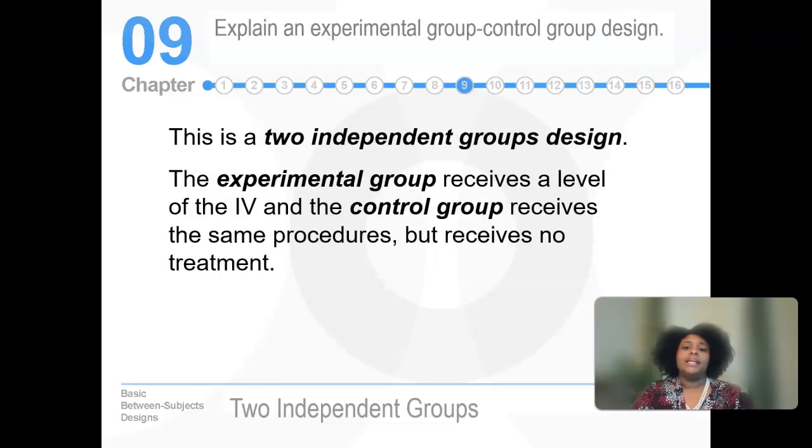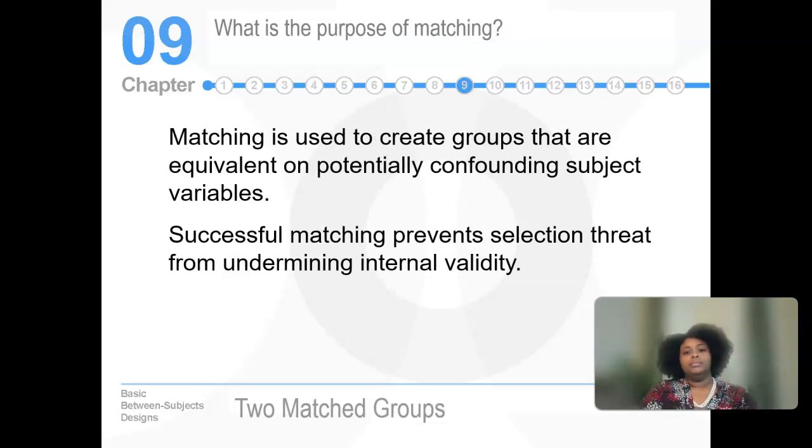This describes a two independent groups design. The experimental group receives a level of the IV, and the control group receives the same procedures but receives no treatment at all. Matching is used to create groups that are equivalent on potentially confounding subject variables. Successfully matching prevents selection threat from undermining your internal validity.